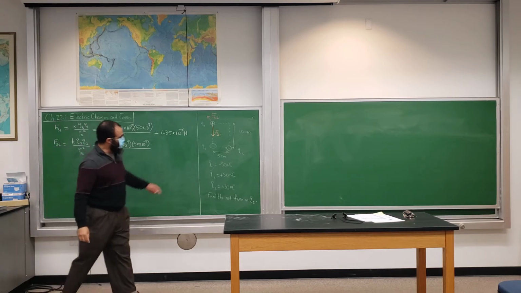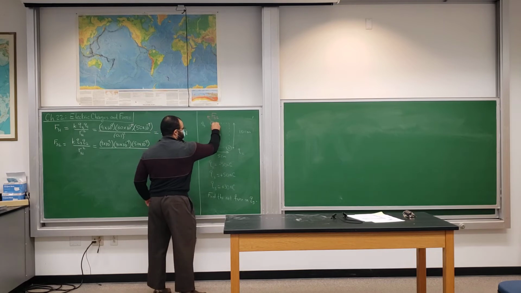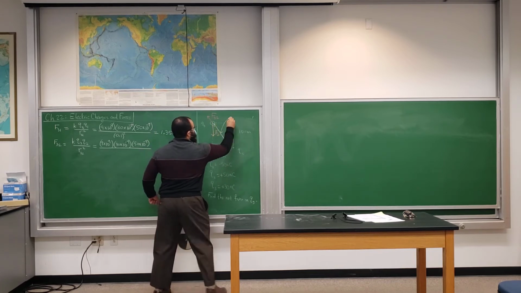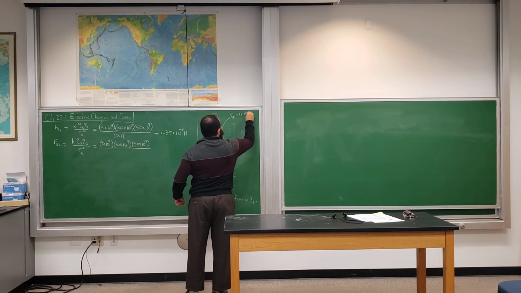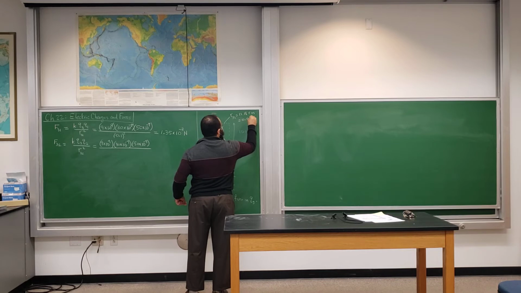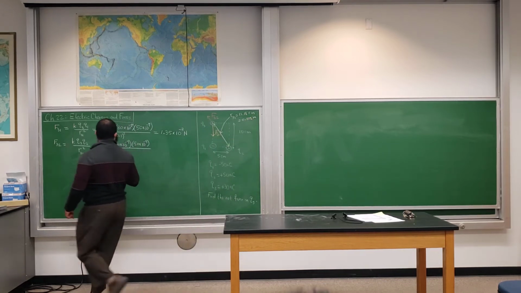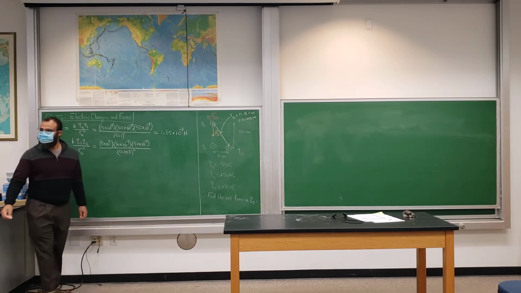So what's the distance between them? Well, it's the diagonal. 11.18 centimeters, right? Which is 0.1118 meters. So don't forget the square.